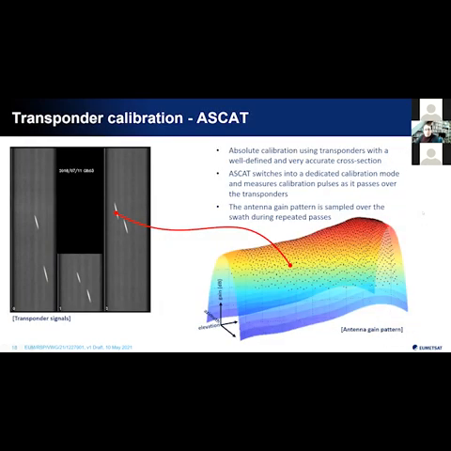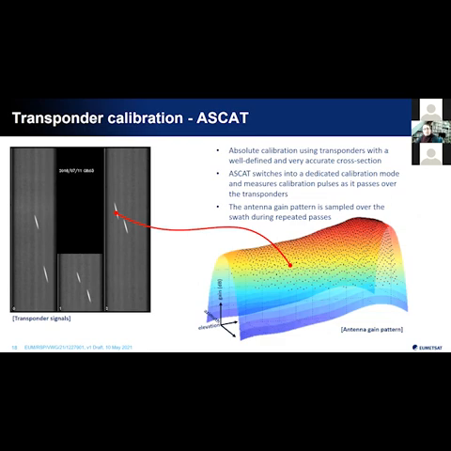So for this reason, we have an absolute calibration, which is based on using active transponders. We have 3 of those transponder instruments on different sites in Turkey.